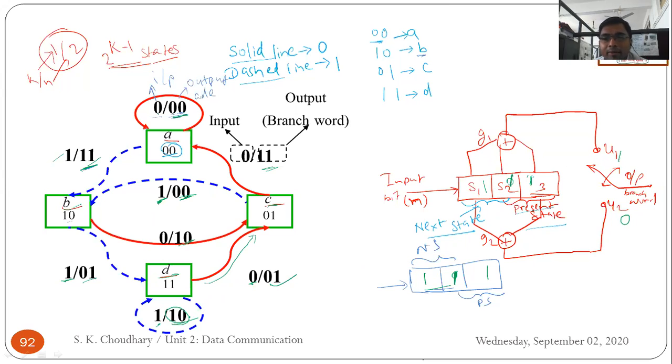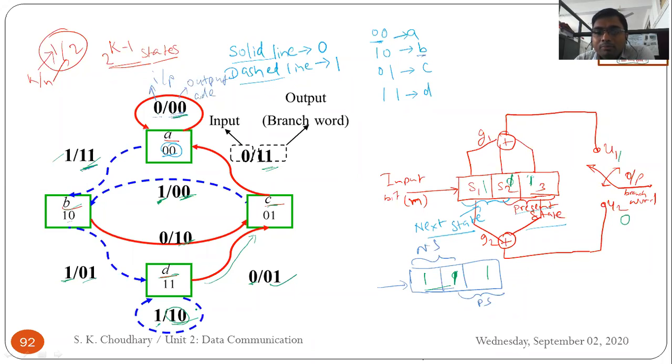So in this way, we have seen all the 4 stages, and each stage having the 2 possibilities of input and 2 possibilities of the output code word. And every stage has a possibility to end up with the 2 inputs. So in this way, we have seen all 8 possibilities of the inputs, all 8 possibilities of outputs, all 8 possibilities of transition of stages.